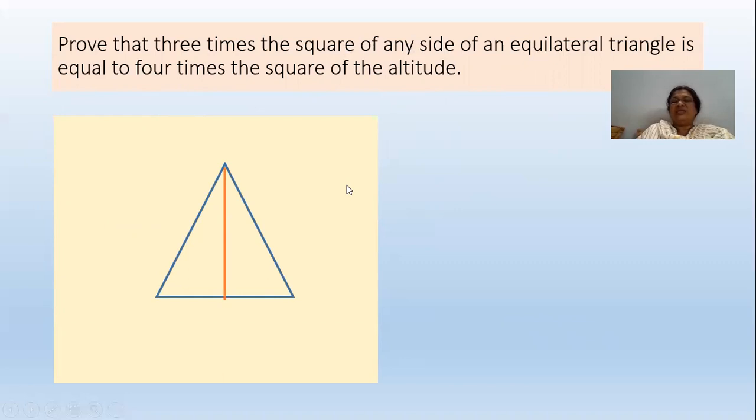So this is an altitude. The height of the altitude is h and the side is A. This is an equilateral triangle. All the sides will be equal and the side is A units.